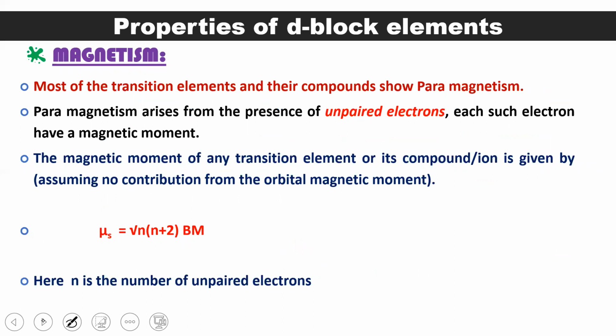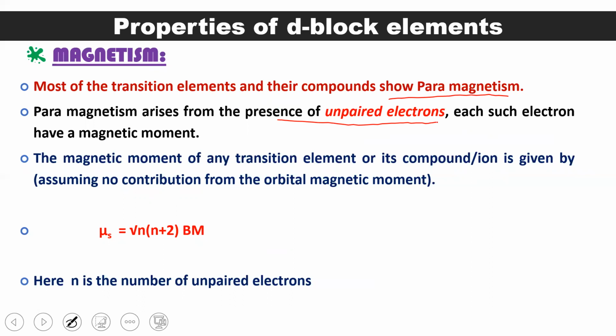Then let's see why the d block elements can show the magnetism property. Most of the transition elements and their compounds show paramagnetism. This is due to the presence of unpaired electrons in their compounds or in the elements.